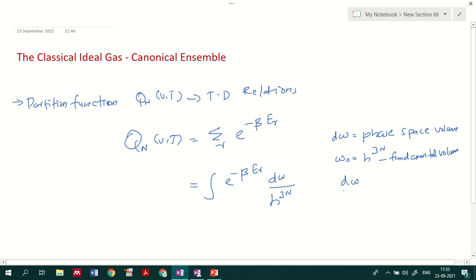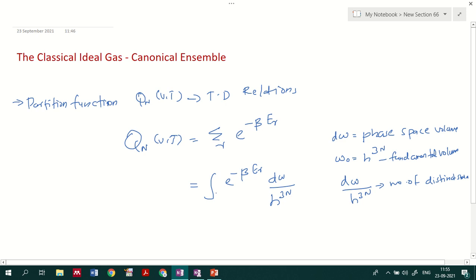Now d omega by h raised to 3n means the number of distinct states. You are taking the phase space volume divided by the fundamental volume, so you get the corresponding number of distinct states. In this partition function, e raised to minus beta E_r d omega by h raised to 3n represents the energy state corresponding to each microstate.